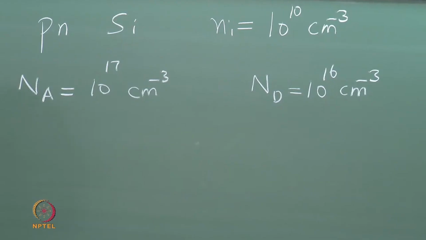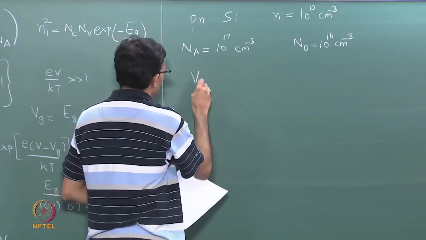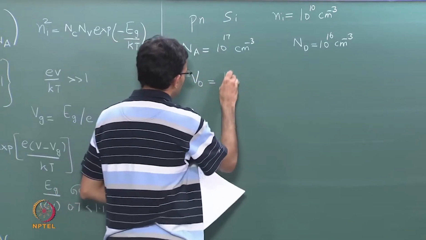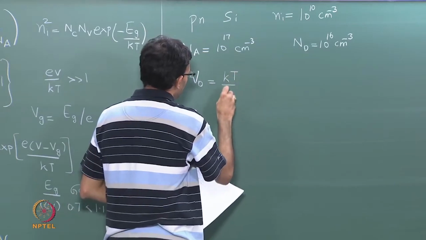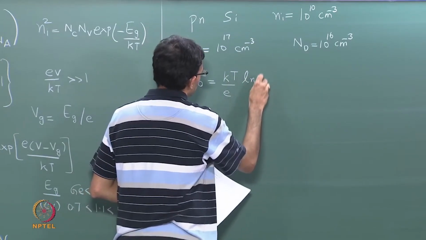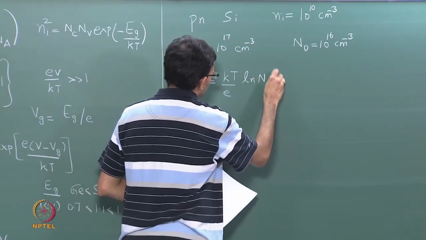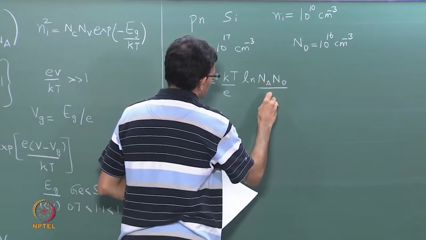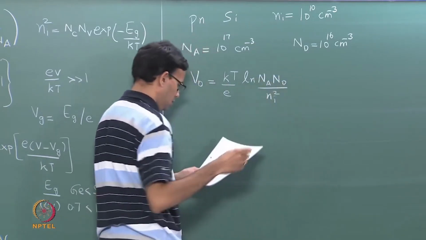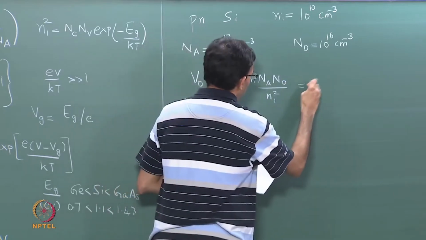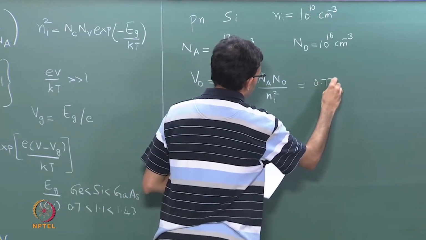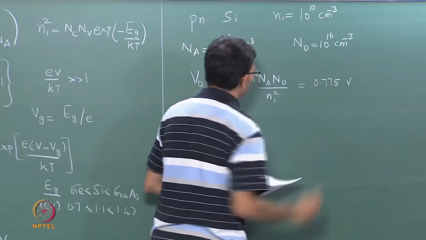So, we can calculate the contact potential in this p-n junction, contact potential V naught, and we did this last class. It is nothing but 0.775 volts.